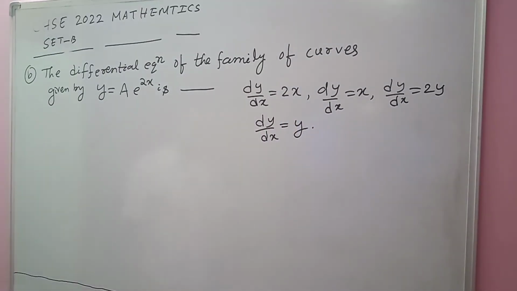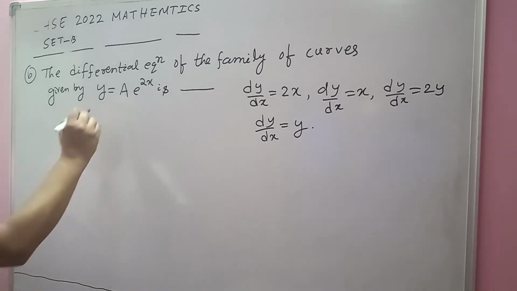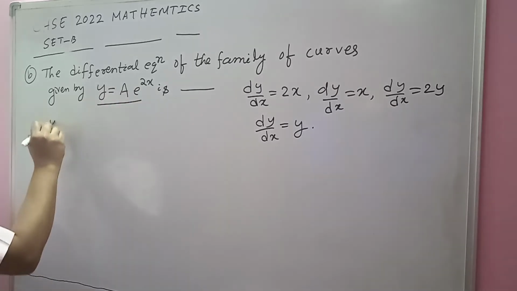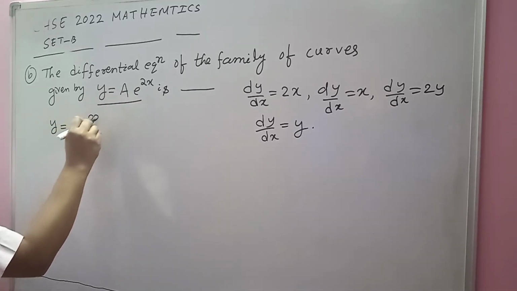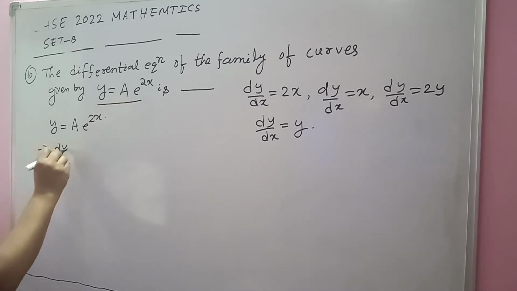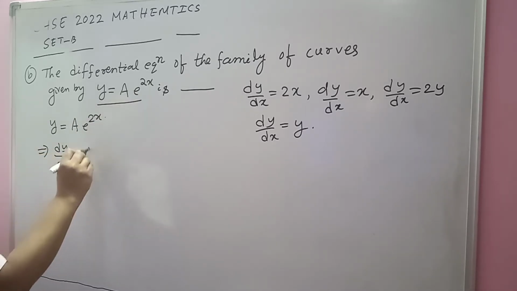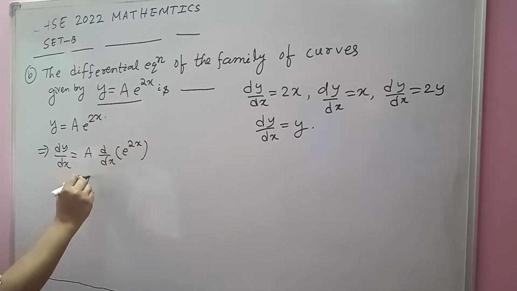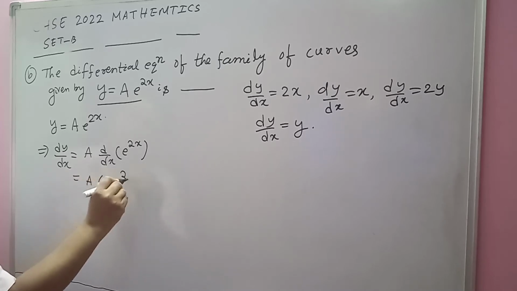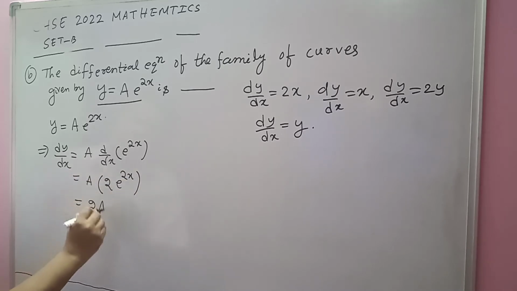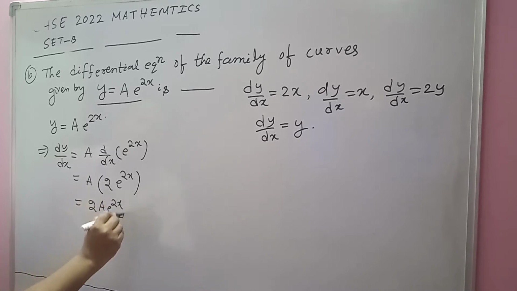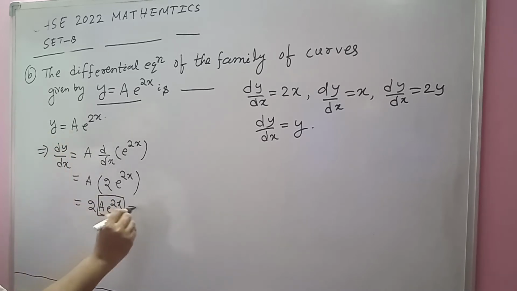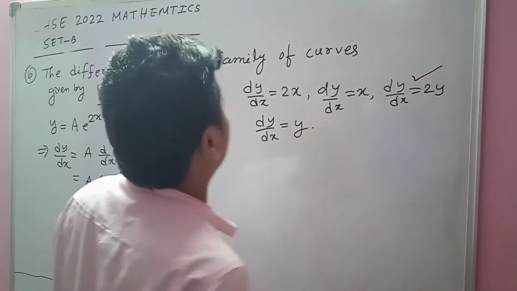What you have to do essentially is form the differential equation given by this. So y equal to a e to the power 2x, dy by dx equal to a into d by dx of e to the power 2x, that is equal to a into 2 e to the power 2x, 2a e to the power 2x. But what is a e to the power 2x? That is equal to y. So the answer is dy by dx equal to 2y.